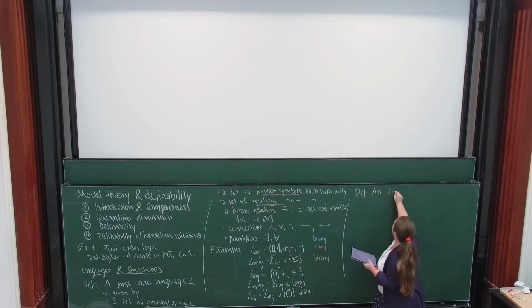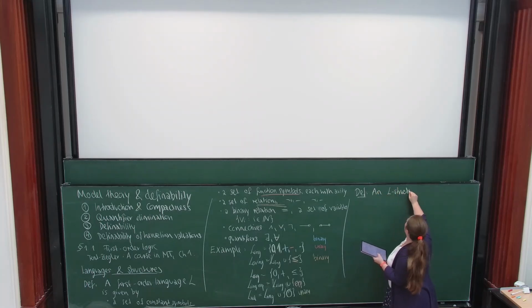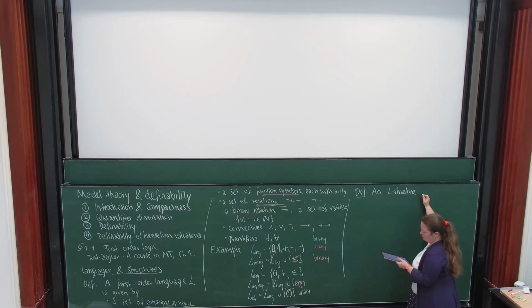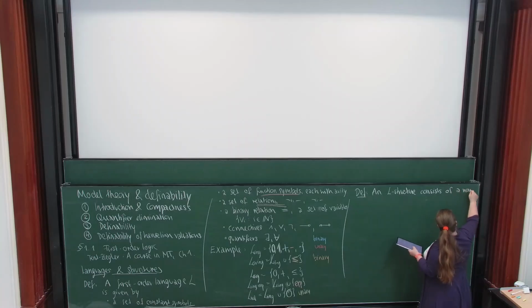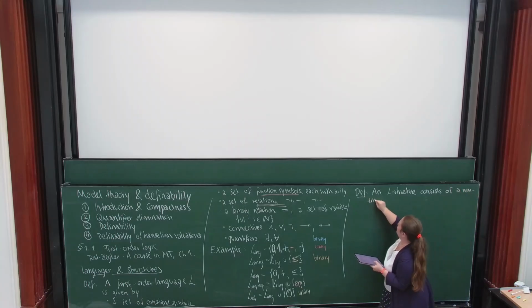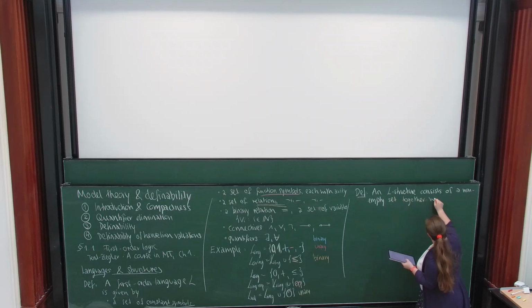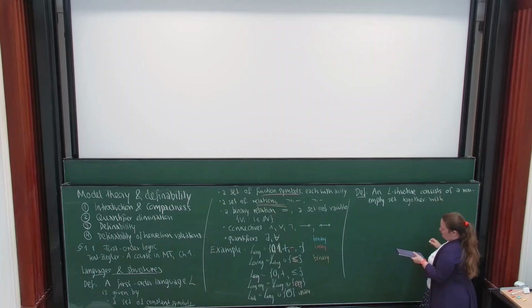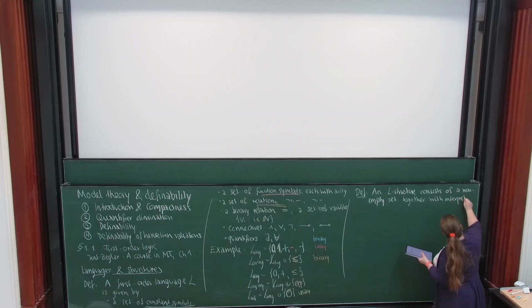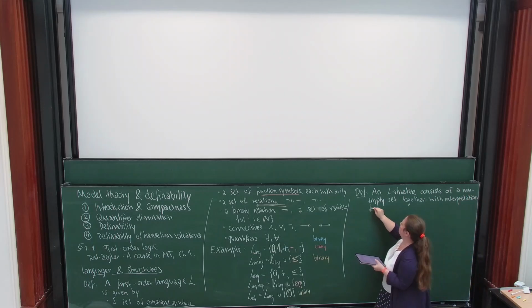An L-structure consists of a non-empty set together with interpretations for each of the symbols.